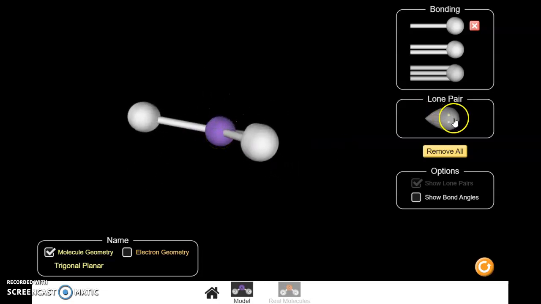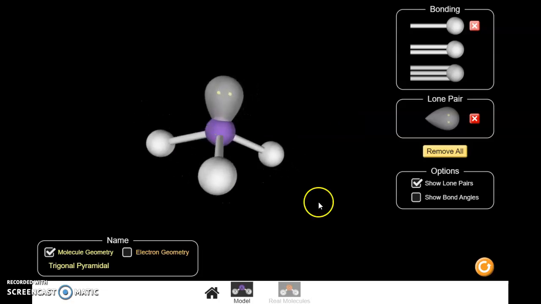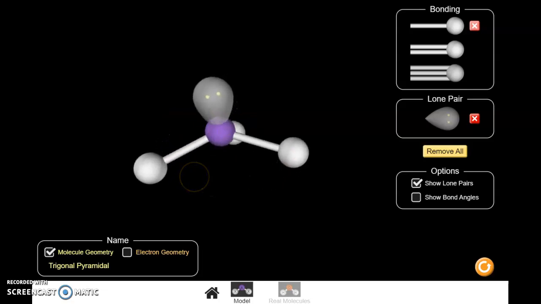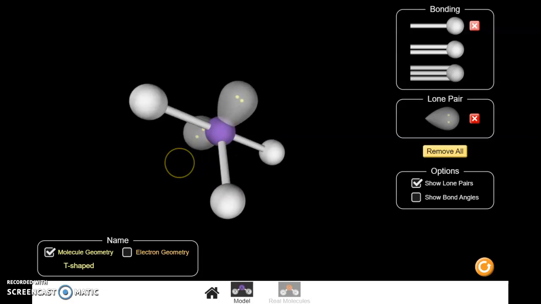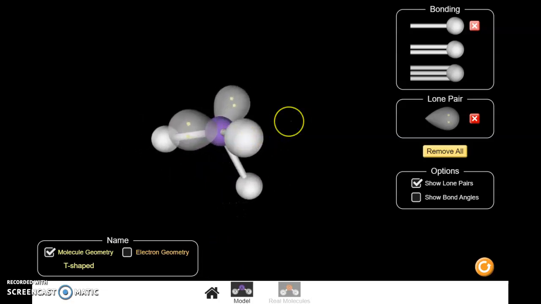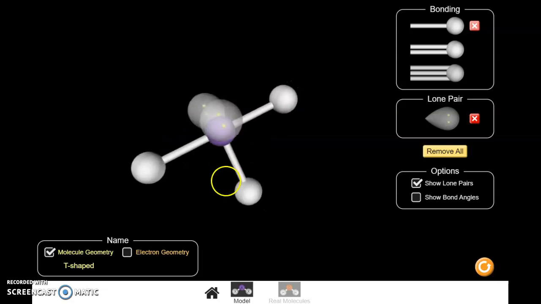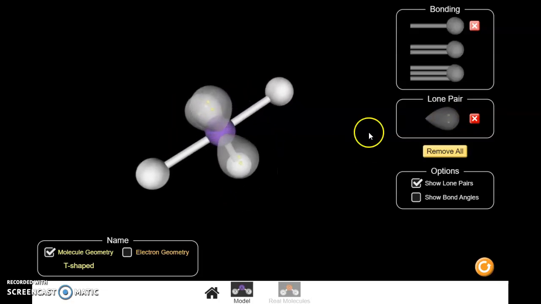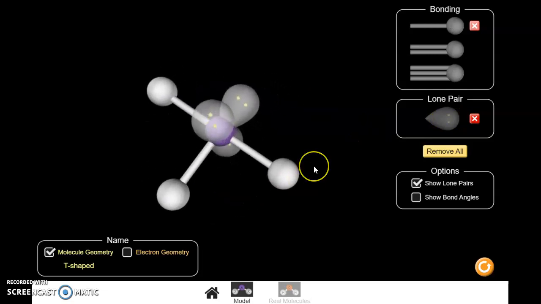Look at what happens when I add in a lone pair. Did you see how those three, instead of being equal on the same plane, got pushed down? Let's look at what happens when I add in another one. So here's our T-shape. Those two lone pairs of electrons are taking up space and pushing the other elements out of the way as much as possible. So it'll change according to how many you add.